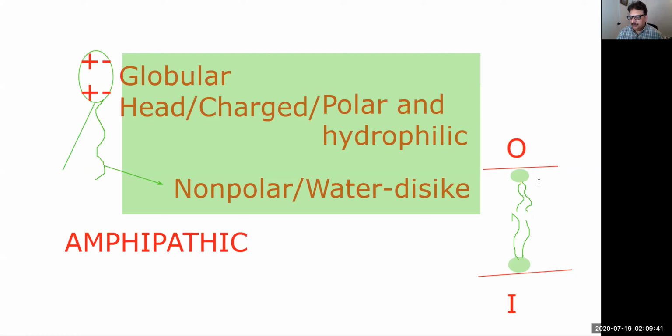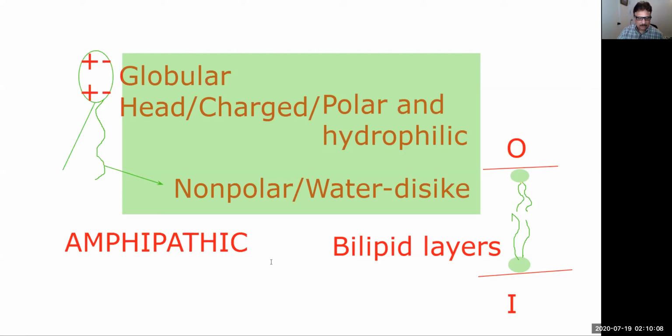So outside and inside are differentiated by the plasma membrane, which is made up of two lipid layers. Hence, the plasma membrane is called bilipid layers. This is the composition of a plasma membrane.